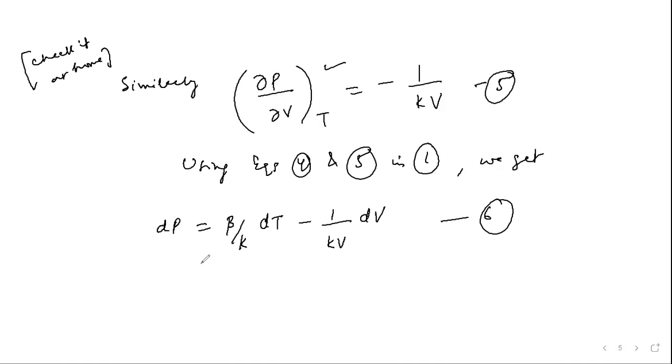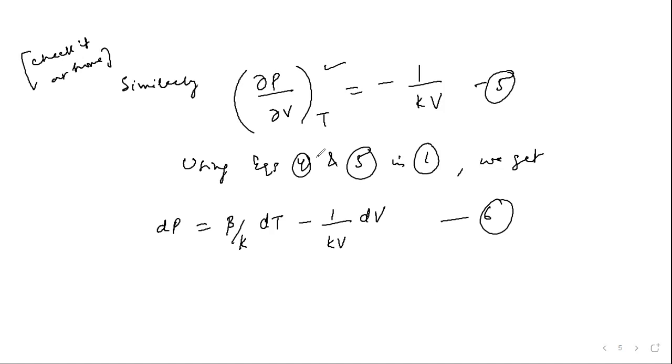So we have substituted the values of the partial derivatives, right? Now I have to mention one thing. Beta and K, that is, the volumetric thermal expansion coefficient and isothermal compressibility, can be evaluated for any real substance like some nitrogen gas.